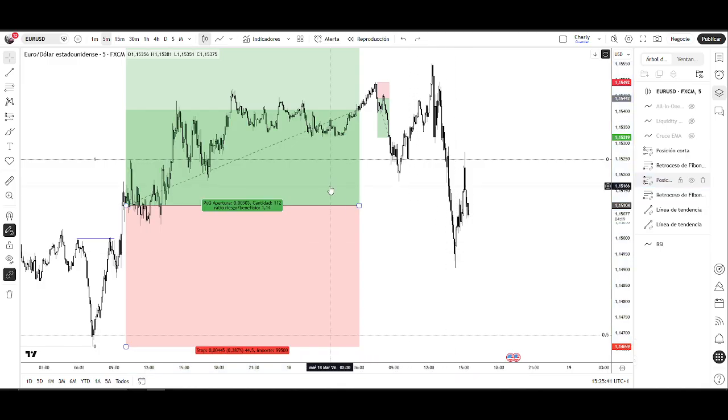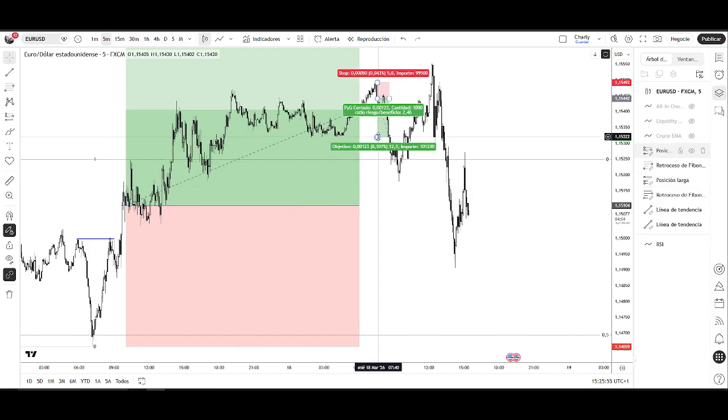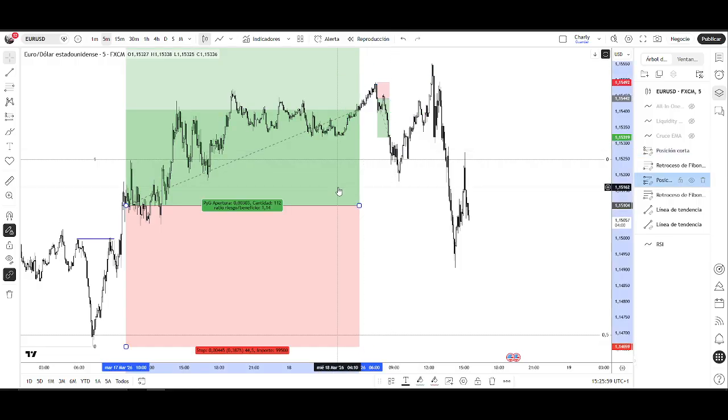But if you're still one of those persons that takes into consideration pips as wins or losses in your trading, you have a lot to work on, right? You don't have to follow that path, because this trade catching 12 pips is covering the potential losses from this trade with 44 pips.